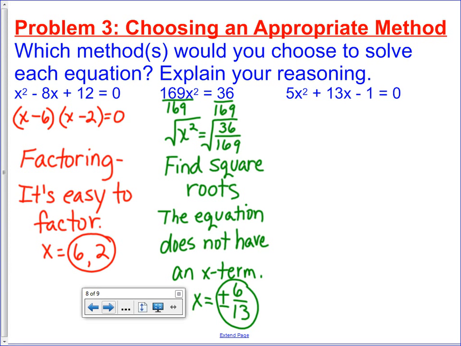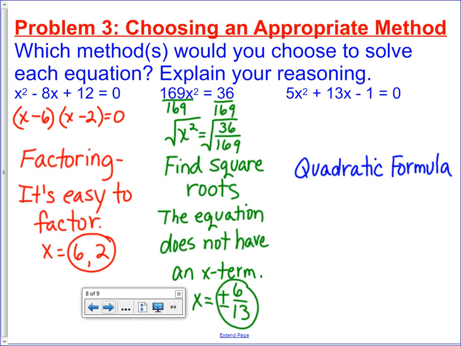My next equation, 5x squared plus 13x minus 1 equals 0. This is one where I would probably use the quadratic formula. And the reason is just a quick glance at it, I don't see a way of factoring it, at least not easily.